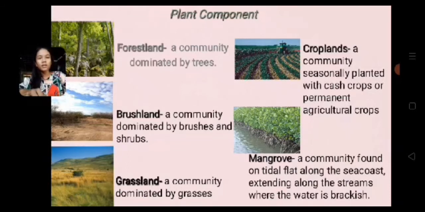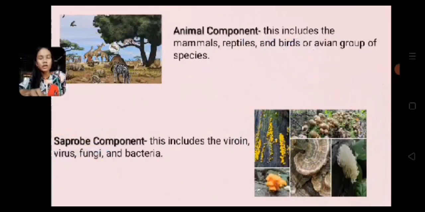These are the plant components. Next is animal components, which include mammals, reptiles, and birds or the avian group of species. Last is saprobe components, which include viruses, fungi, and bacteria.